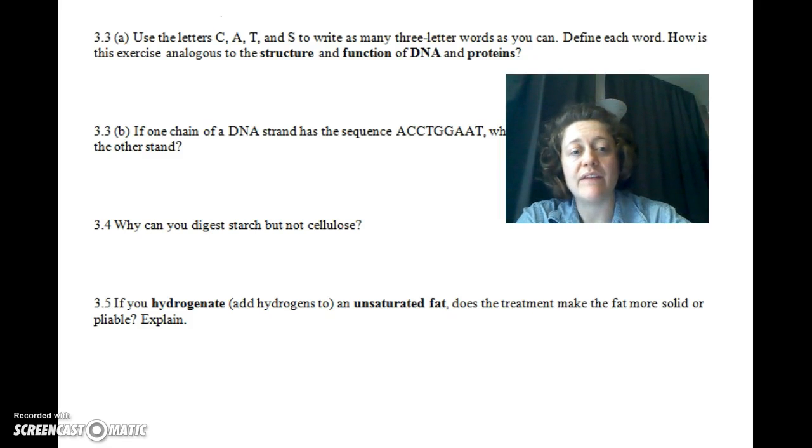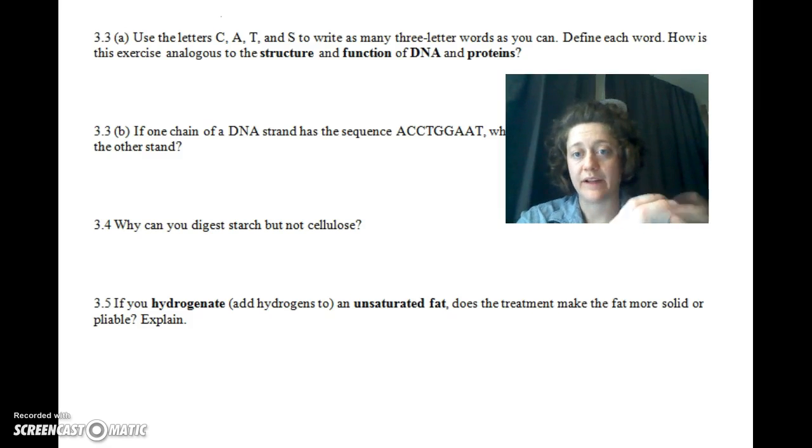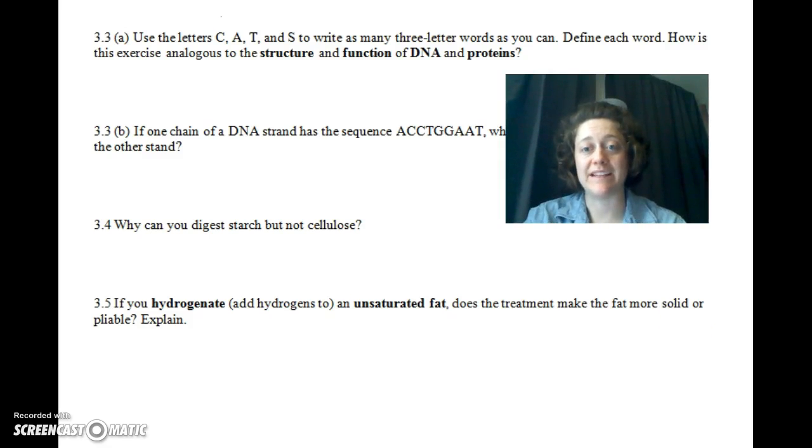And 3.5, if you hydrogenate, which means add hydrogens to an unsaturated fat, does this treatment make the fat more solid or more pliable or flexible, with space in between those fatty acid tails? You can go back to section 3.5 and also earlier in this video to find examples that will help you with your answer for that one.